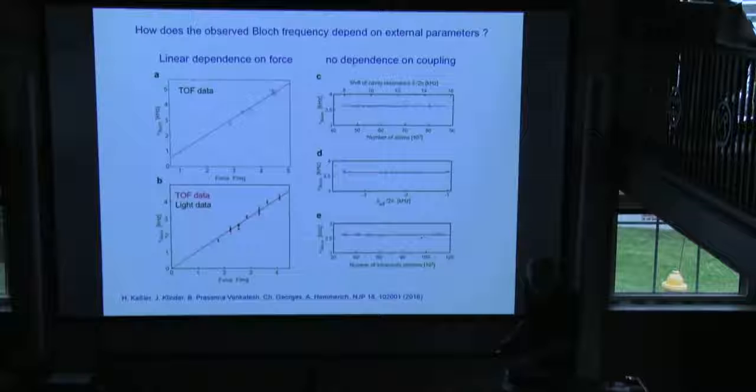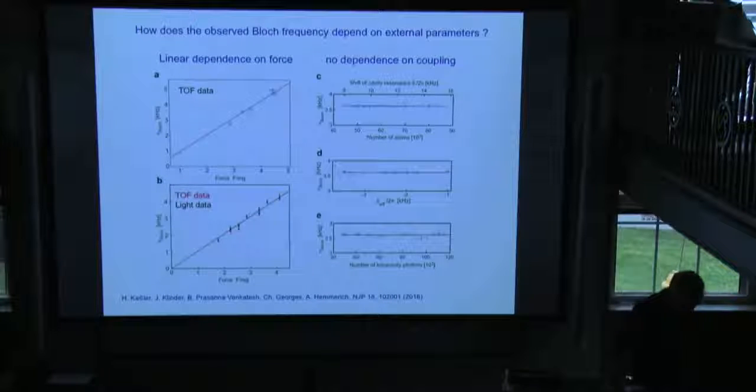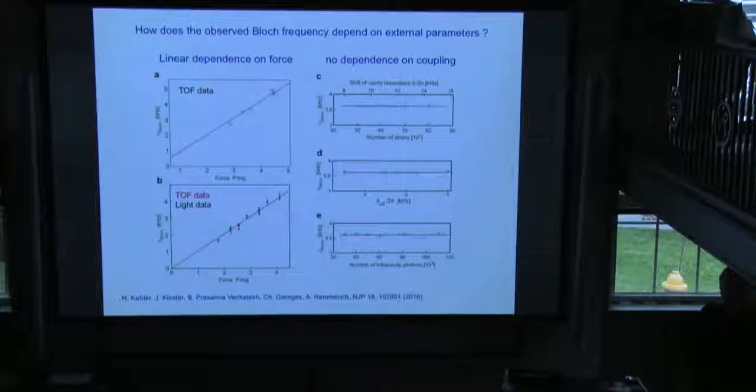An important question that comes along with all that is whether the Bloch frequency depends on all these cavity parameters, and there's a theory predicting that this is not the case, and this is why we've taken a little bit of a look at how that is.